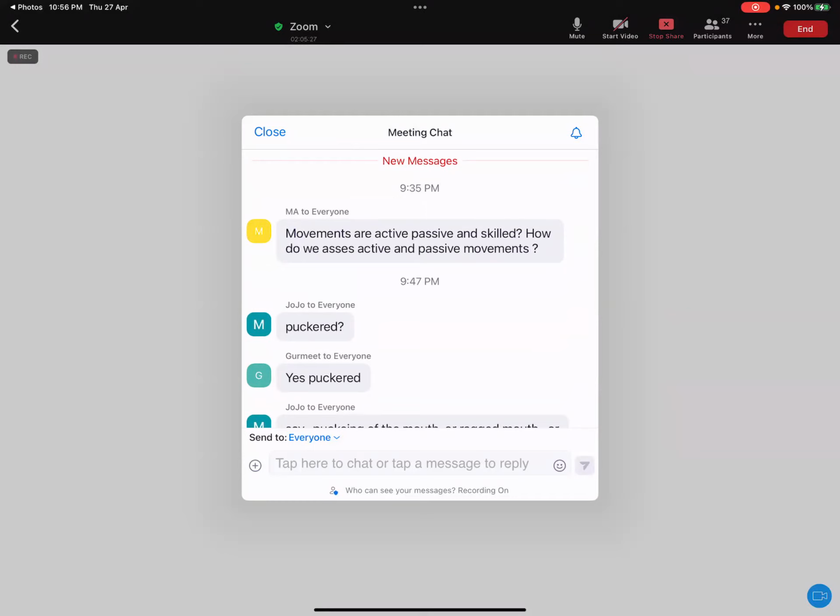Okay, so active and passive movement. In active movement, the patient will do the movement: open your hands, close your hands, move the wrist. Passive movement, you move the joint yourself.